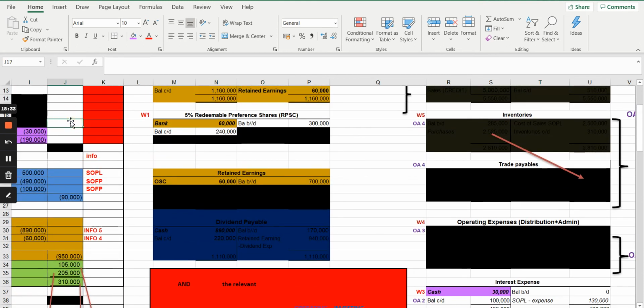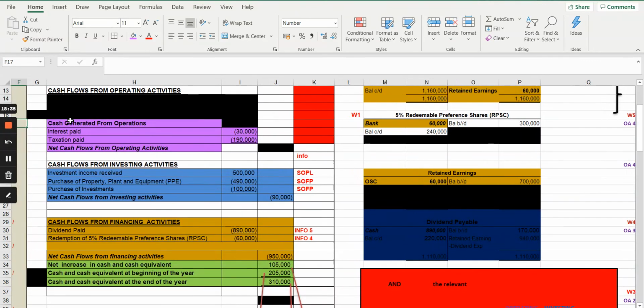Next, we go on and find out those things that make the difference for the direct and indirect method. If you can still recall, the indirect method starts with the profit before tax or net loss that you have during that year. But this is a direct method, so we will have to settle these three things here.